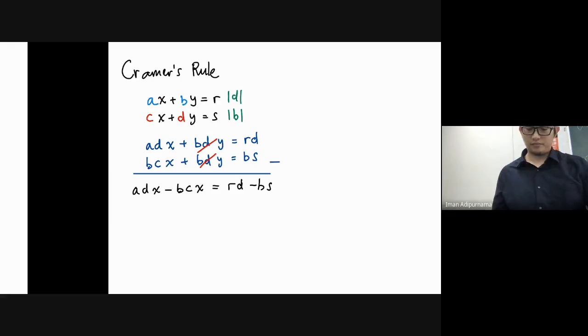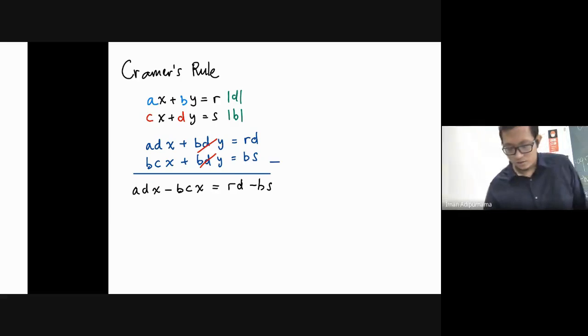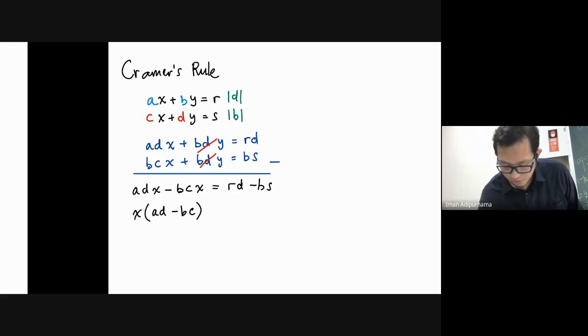Okay, and then we can solve this if you want to find the x, right? So we can factorize x, or I will write this as x times (a d minus b c). This is r d minus b s.